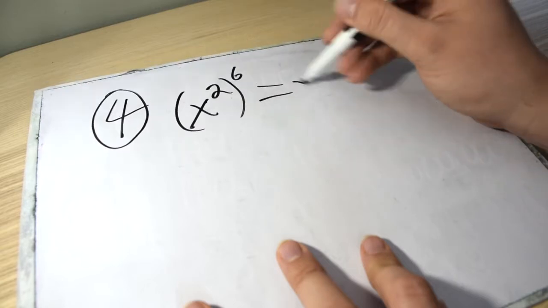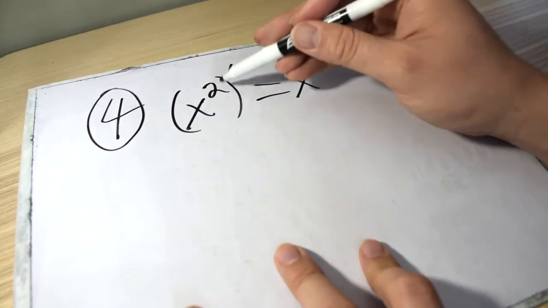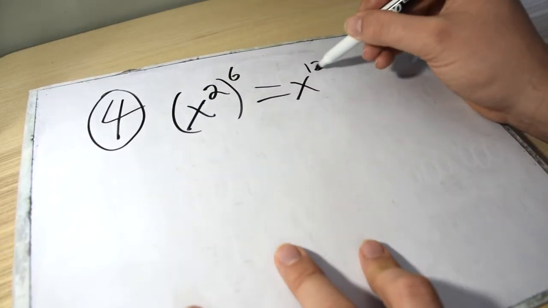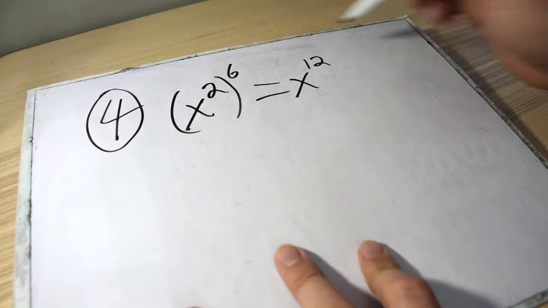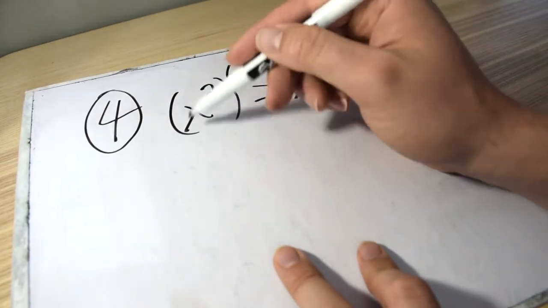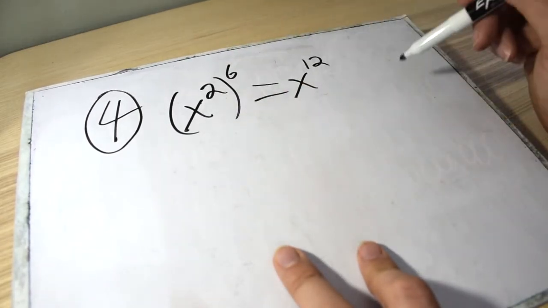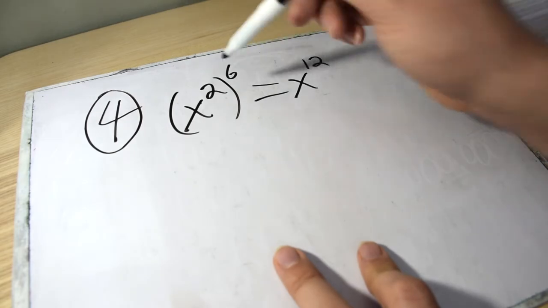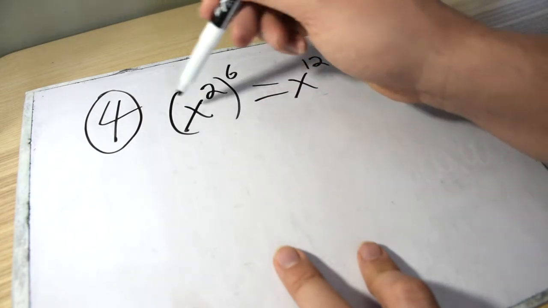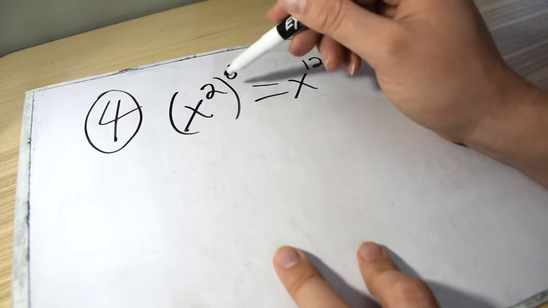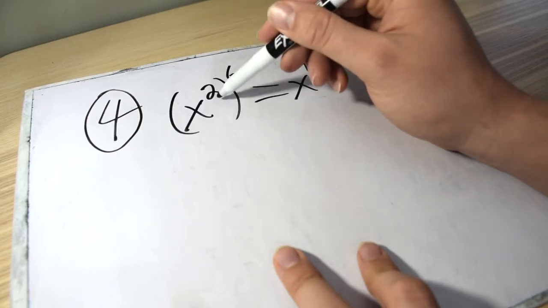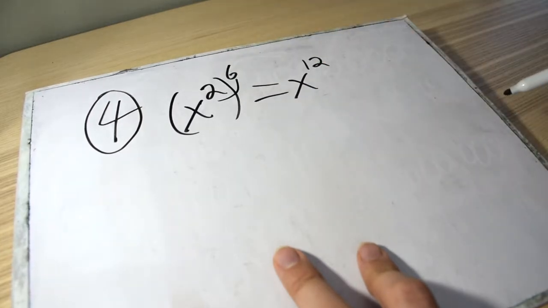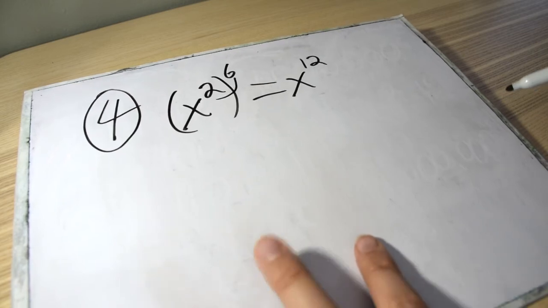So that's the same as x to the 2 times 6, which is 12. That's literally the answer. If that had been 10, right, then it would be 10 to the 12. And instead I substituted that in the previous question for 100. So when you see a bracket, you multiply those two numbers. It's really as simple as that.